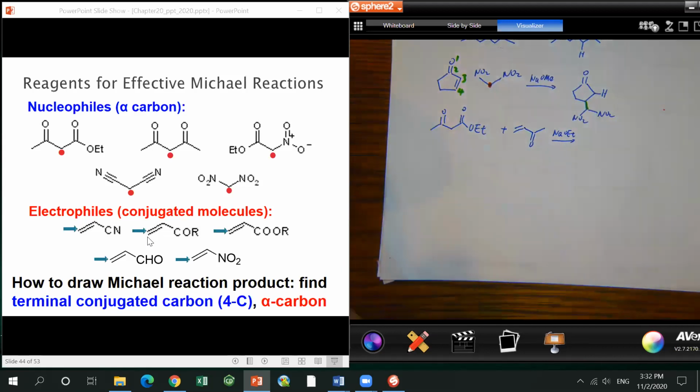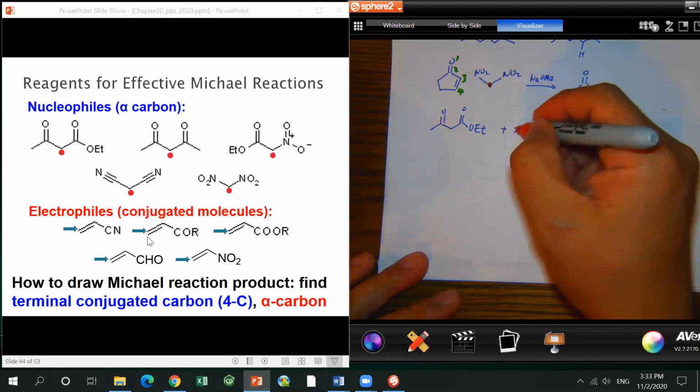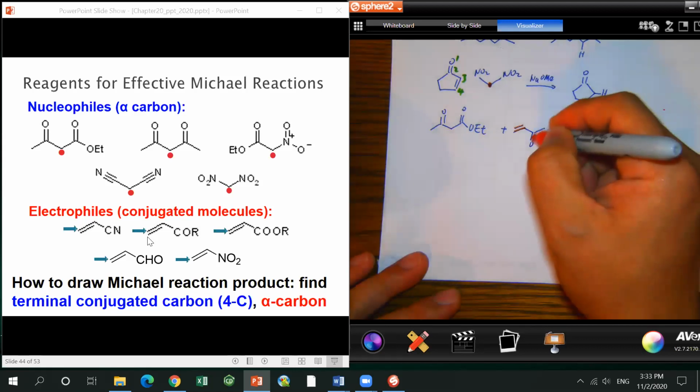Quite often students don't recognize this Michael addition. They think, for example, maybe it's an aldol condensation, or a Claisen condensation. The easy way to recognize a Michael addition is a C=C pi bond next to an electron-withdrawing group, normally a carbonyl compound, a carbonyl group.